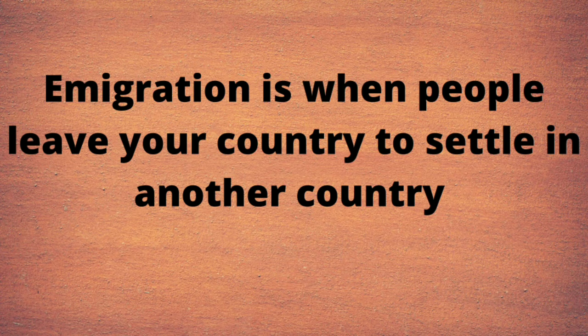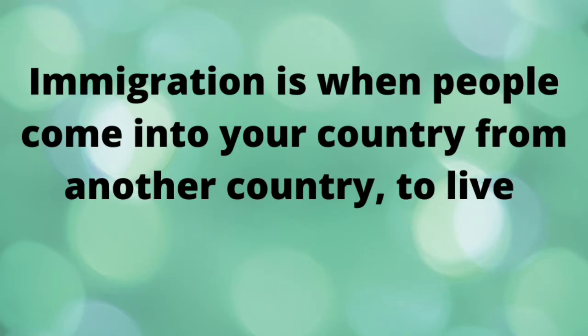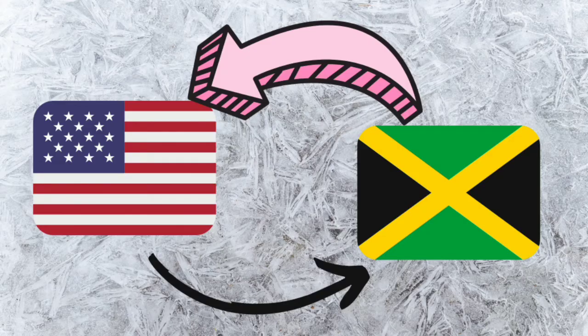And you refer to the persons as emigrants. While when people move from their country to come into your country to live, it is referred to as immigration. So immigration is when persons come into your country, and emigration is when people leave your country. Now, as I said earlier, these concepts must be looked at in relation to the country that you are in, because emigrants to you would be immigrants to persons in USA.